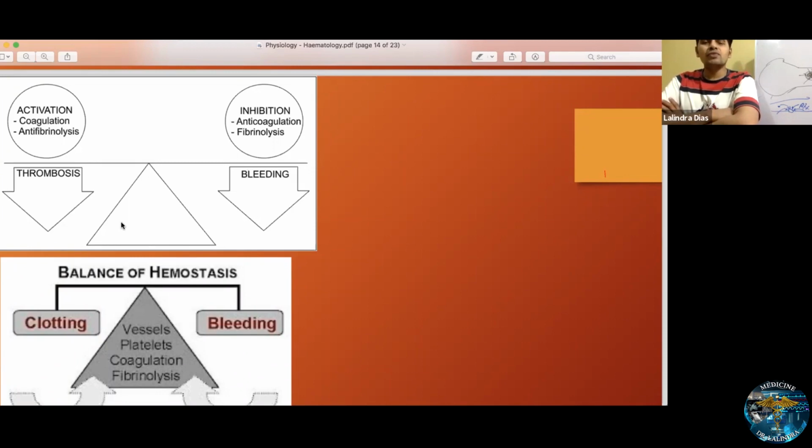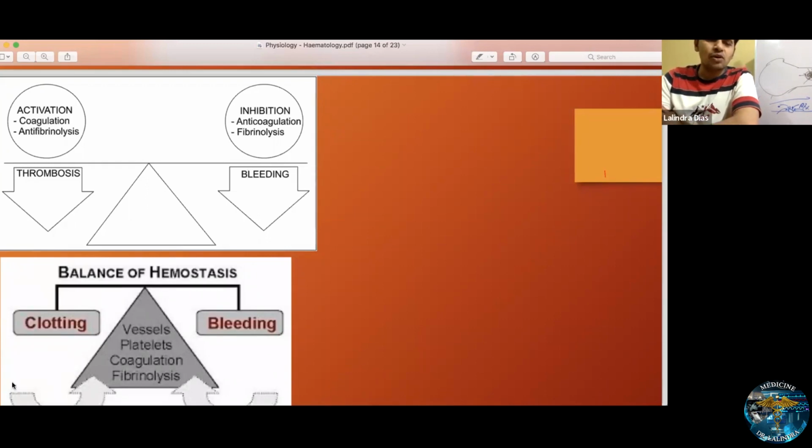Then the other pathways, where you have bleeding, where you have inhibitory function, no activation, it's only inhibition. So one is fibrinolysis, and the other one is anticoagulation. There's a fine balance, guys.